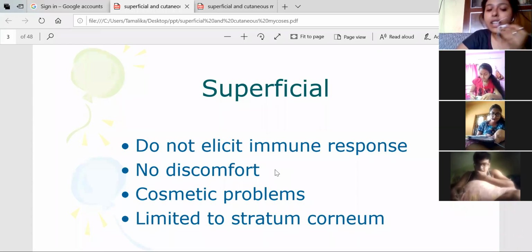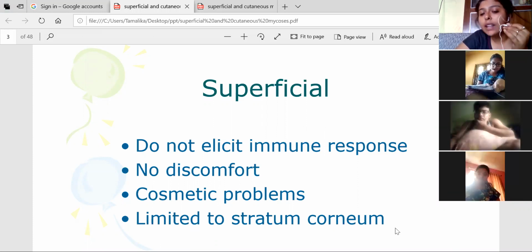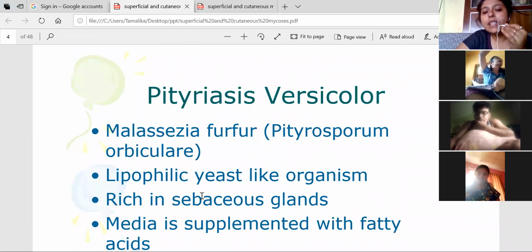Now, this can arise from a cosmetic problem, and it is limited to the stratum corneum of the skin. Am I clear? So basically it is associated with the outermost layer of the skin.